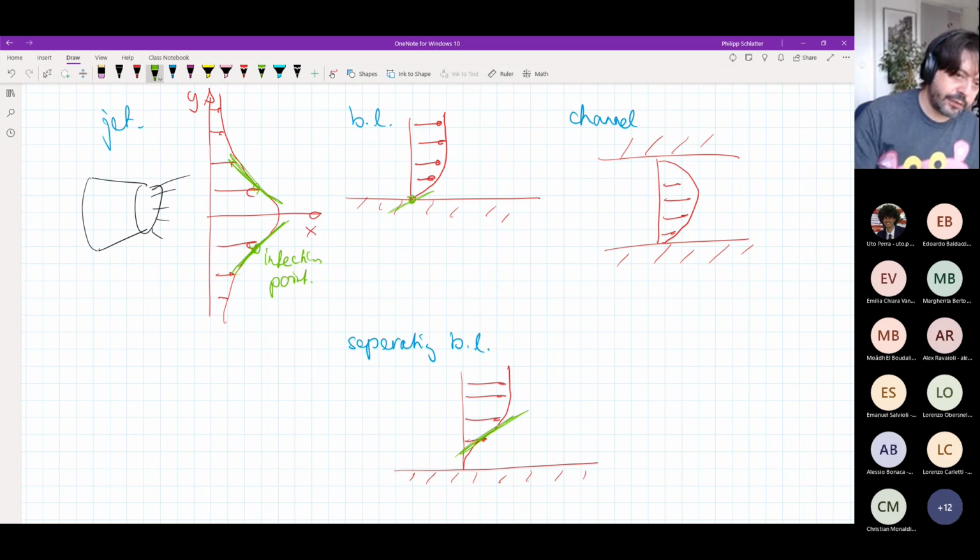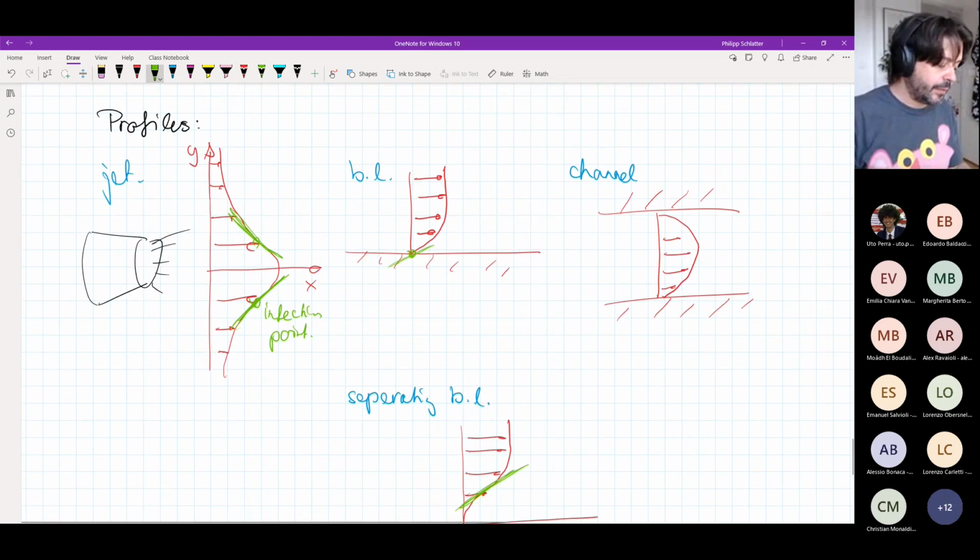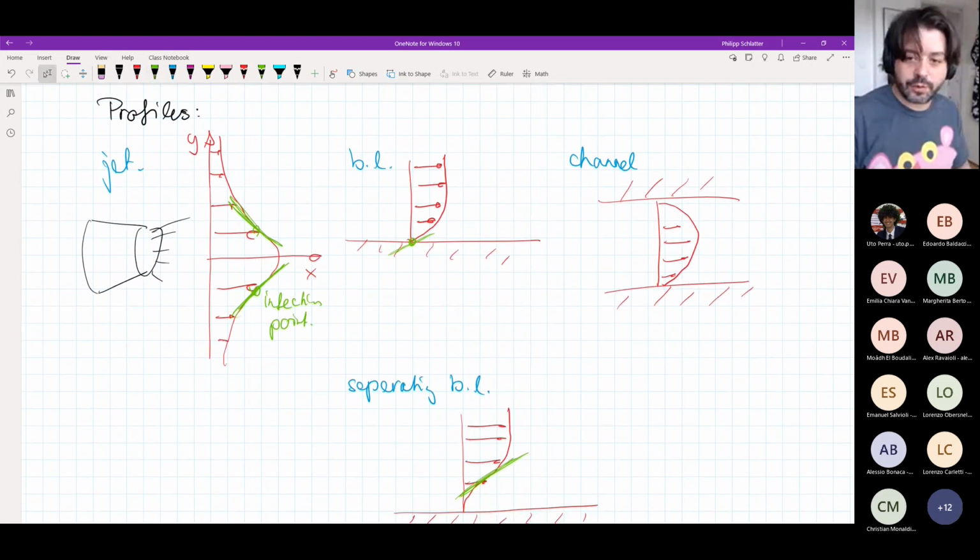It just shows you how sensitive a separating boundary layer may be, because it is unstable from the Rayleigh inflection point criterion. So using the Rayleigh theorem, we now have a way of determining which profiles may be unstable from an inviscid point of view.